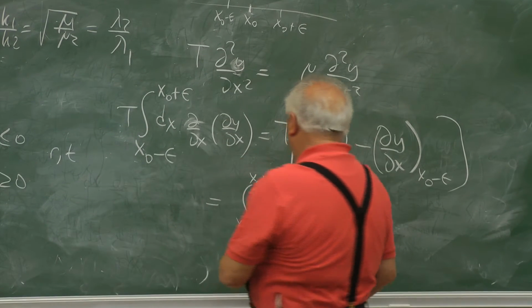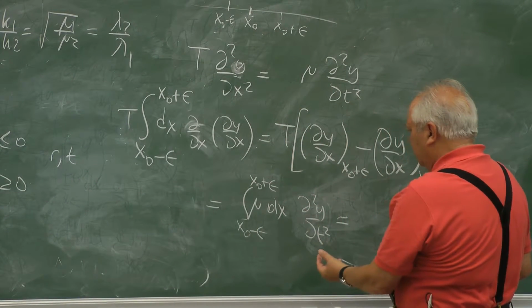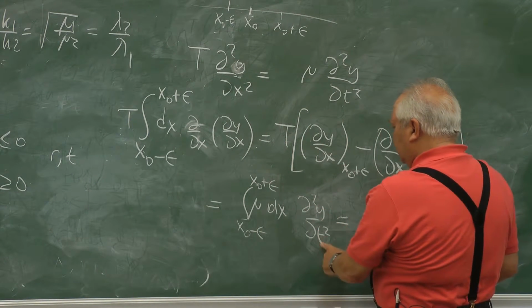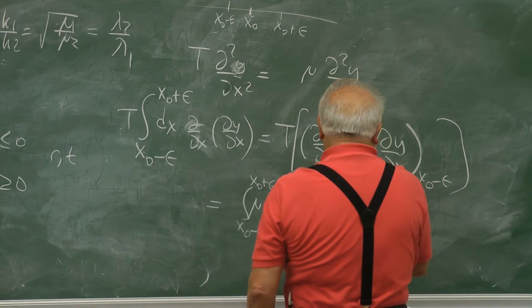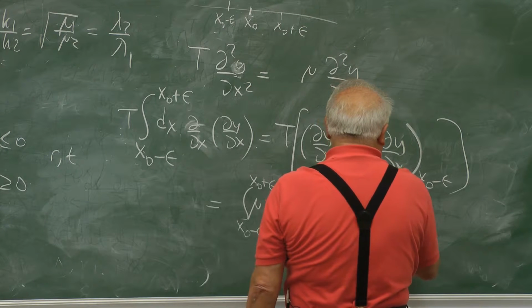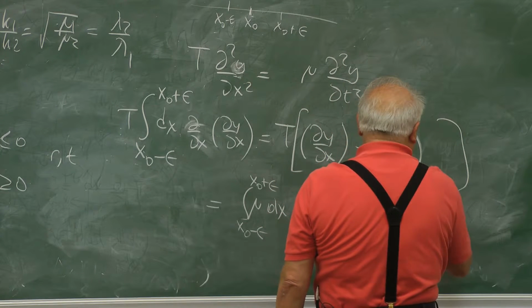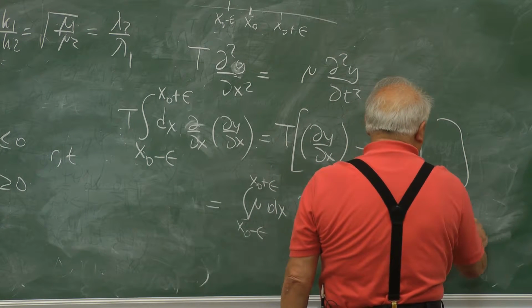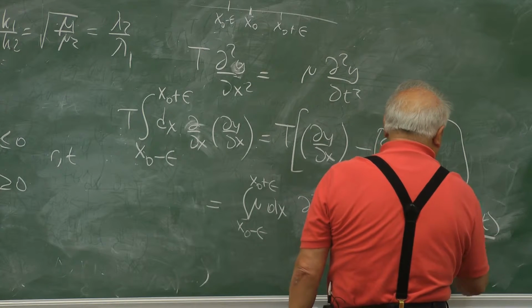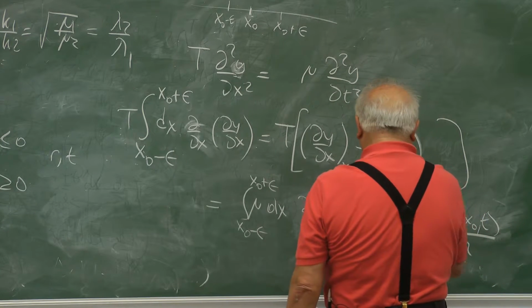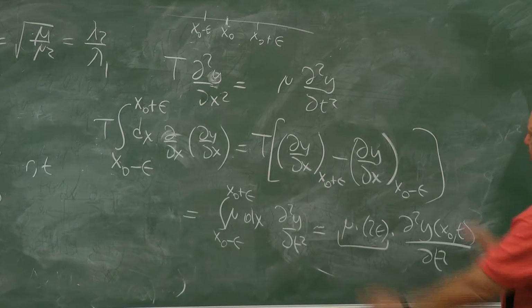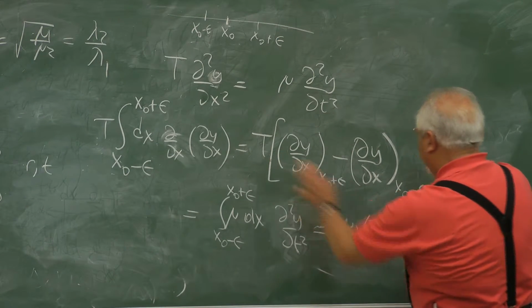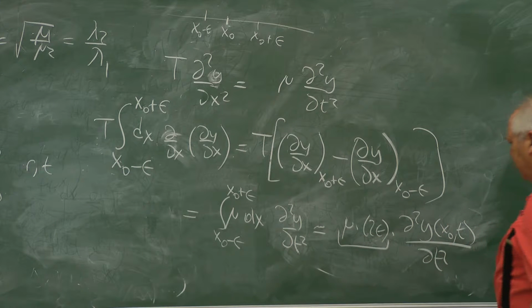And if I take epsilon to be very small, that means I take the acceleration at x0. So I have μ times 2 epsilon times ∂²y/∂t² at x0. So this term equals that.